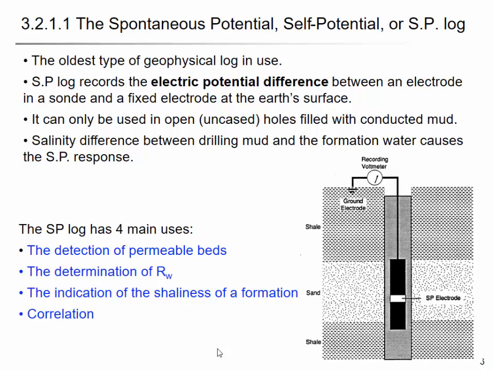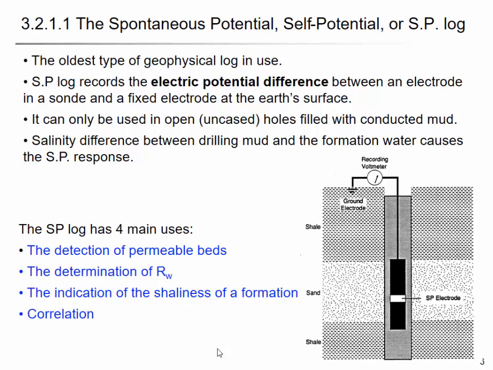And because you have an electrode in the sonde, the cylindrical rod, the surrounding fluid should be conductive. If you have oil filling this borehole, then the electrical current doesn't flow. So the filling fluid should be conductive.